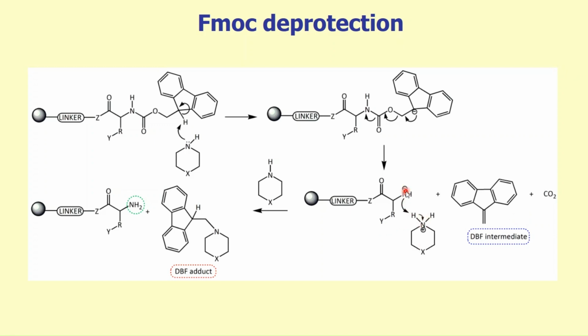The NH minus, which is electron rich, combines with the protonated piperidine and piperidine will become stable, and I will get the piperidine DBF adduct and the free amino group.